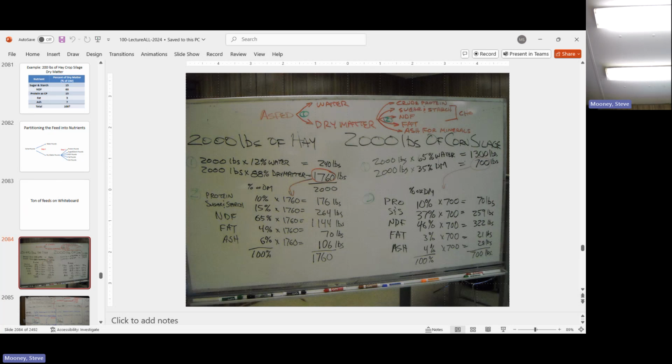How many pounds of protein do I have in this pile of hay? So 0.1 times 1,760 is 176 pounds protein.